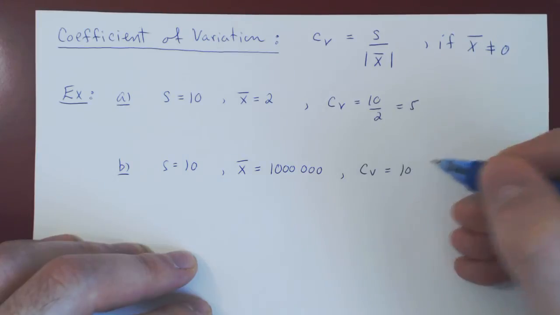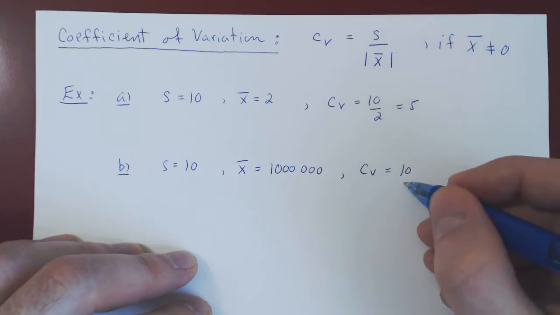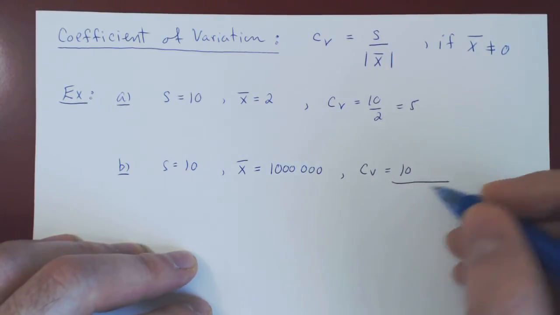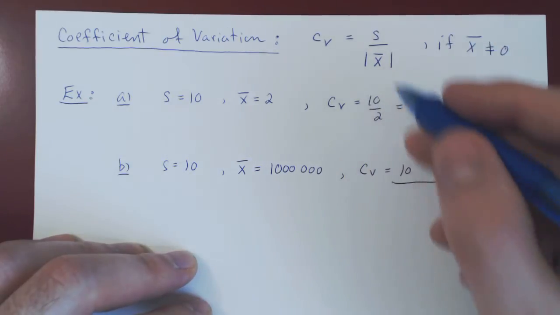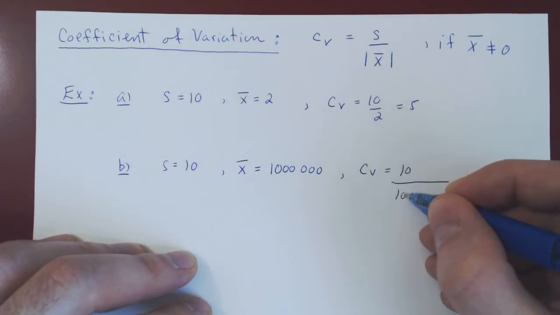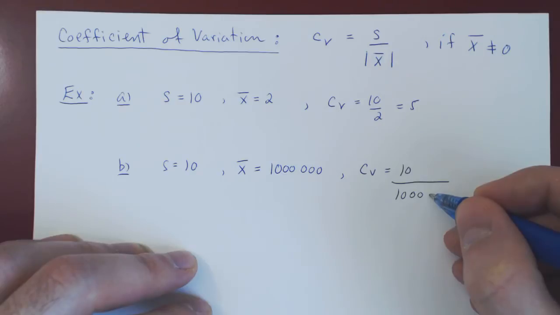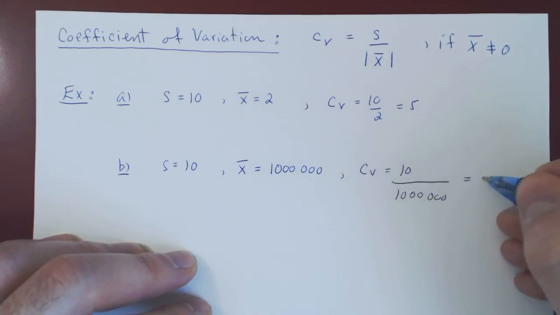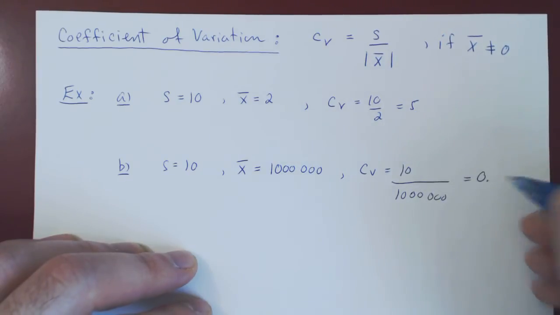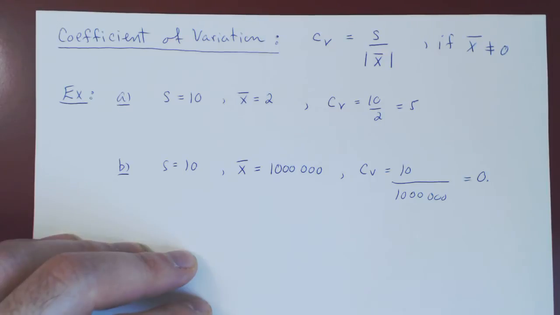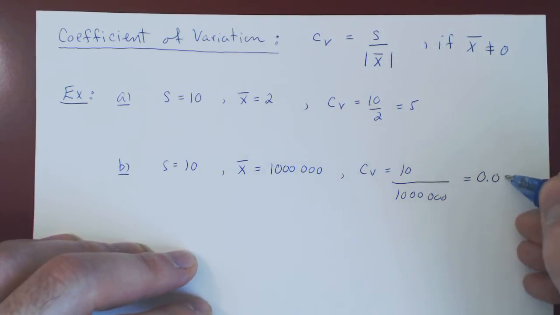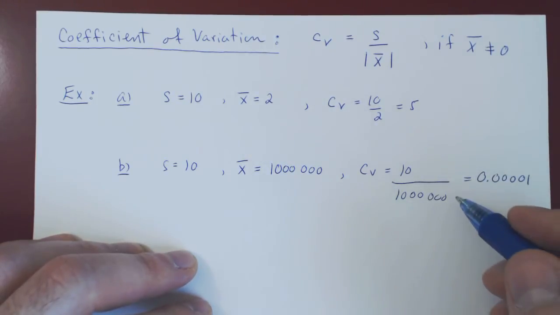And this, of course, is reflected in the coefficient of variation. 10 over $1 million will give you 0.00001, which is very small.